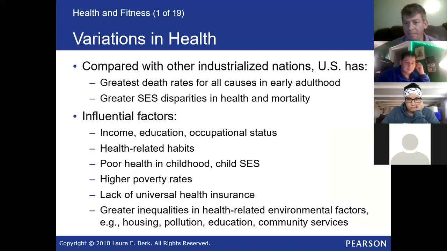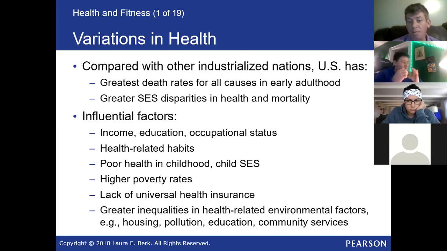All right. The variations we see in our health. Compared with other industrialized nations, the US has the greatest death rates for all causes in early adulthood. The greater the socioeconomic disparities in health and mortality, especially. Some influential factors: how much we make, how educated we are, what's our occupational status, do we have health related habits, did we have poor health in childhood?